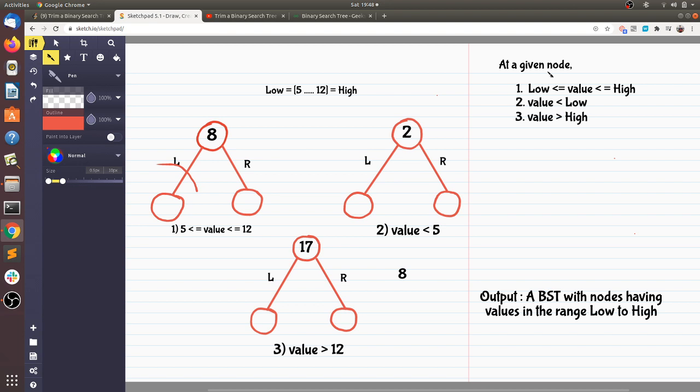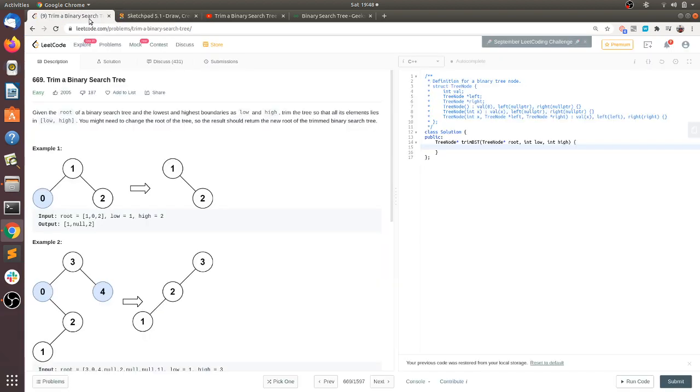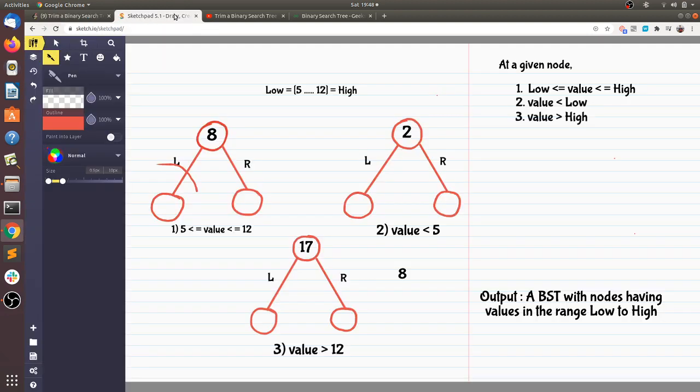With the given problem statement, what we are given is low and high, and we need to trim all those values or nodes in the tree which fall outside this range, correct? So let me consider the given node, and for a given node I see 3 possible cases. One is that the value of that node can lie in that boundary, that is case 1, and the value could lie outside the given boundary.